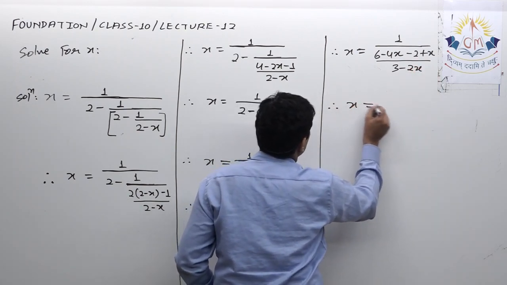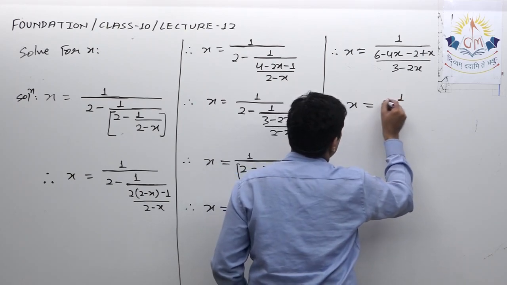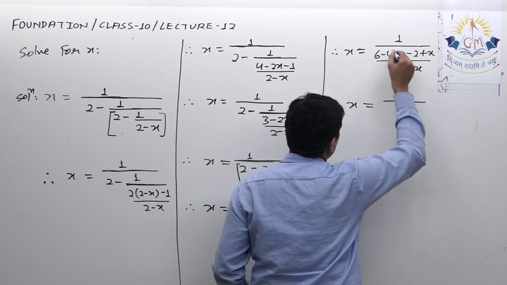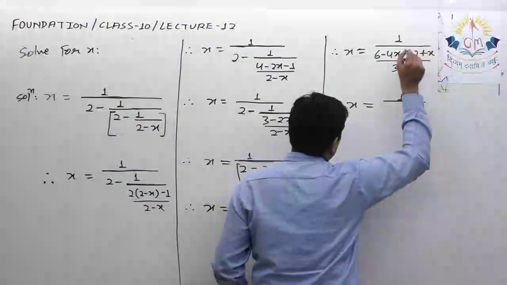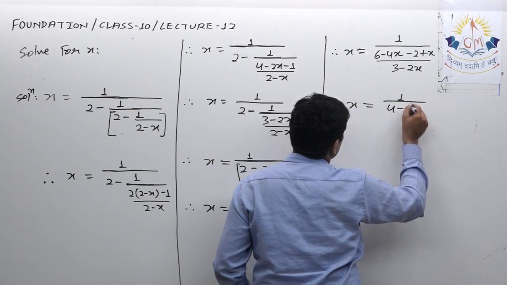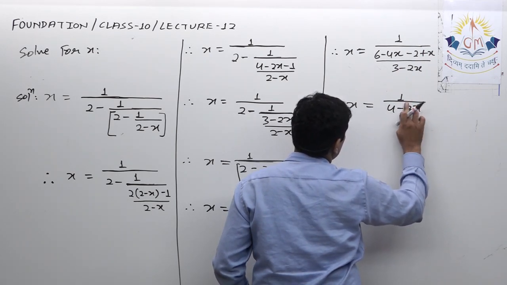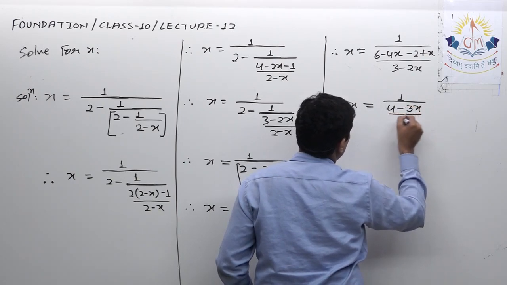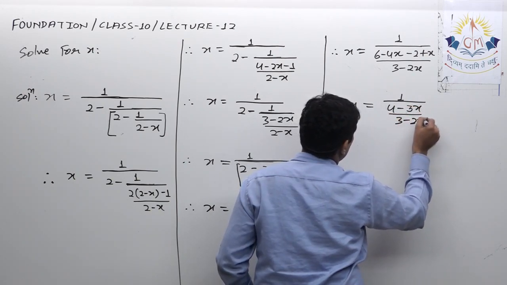Therefore x is equal to, now I can simplify this, 6 minus 2, that is 4, minus 4x plus x, that is minus 3x. So 4 minus 3x divided by 3 minus 2x.